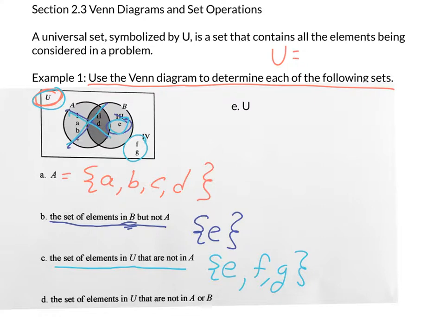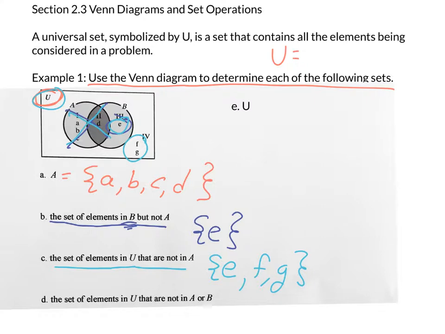So my final answer is e, f, g. Notice when the elements are letters, they need to be lowercase because capital letters denote the sets themselves. So little letters are elements.